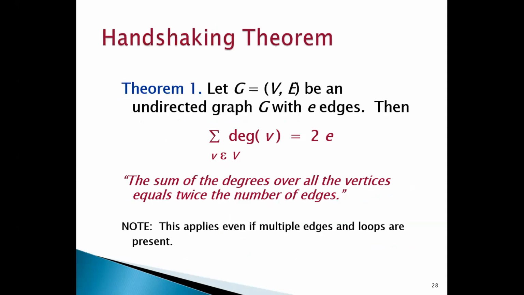So there is a handshaking theorem. What is the handshaking theorem? The sum of the degrees of all nodes will be equal to twice the number of edges. So the sum of the degrees of all the vertices is equal to twice the number of edges. Do you get my point?